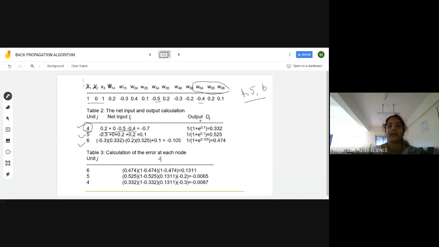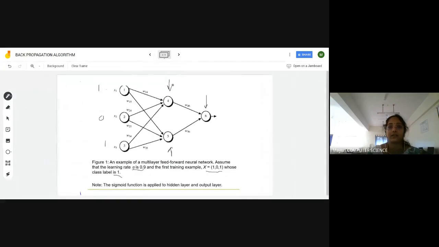I told you already, the activation function on the network output is 1 by 1 plus e power that output. So I will get 0.332. So the output you have calculated at 4 is 0.332.